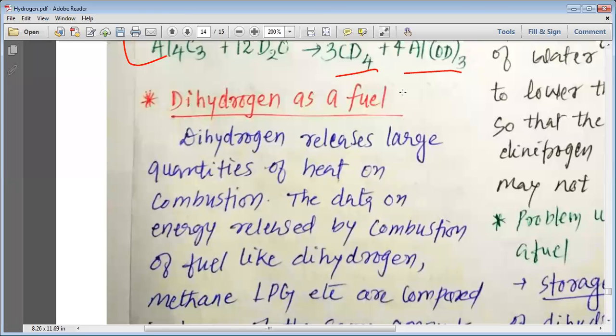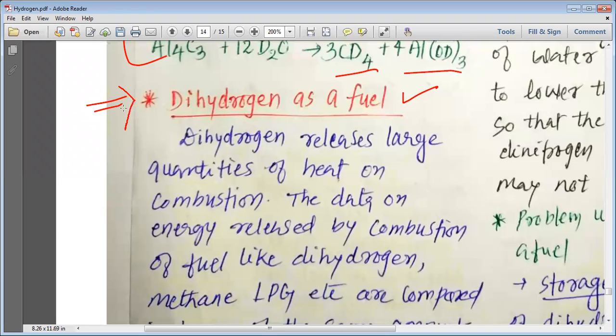Now we want to study dihydrogen as a fuel. My dear students, in space shuttles, when human beings are traveling, dihydrogen is better utilized as a fuel. Because when we use dihydrogen as a fuel, by burning it we produce water.